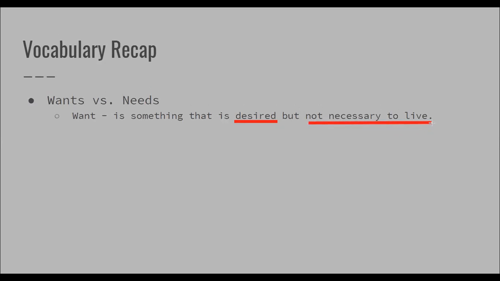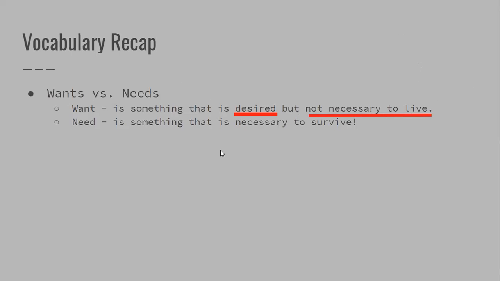So think about an example. Let's think. The first thing that came to my mind is that I want a new iPhone. However, I know that it's not something I need right now, and definitely not something I need to survive. So this means that a new phone is a want.